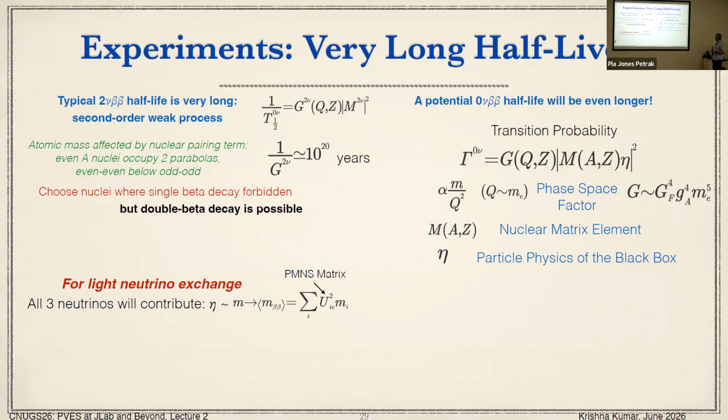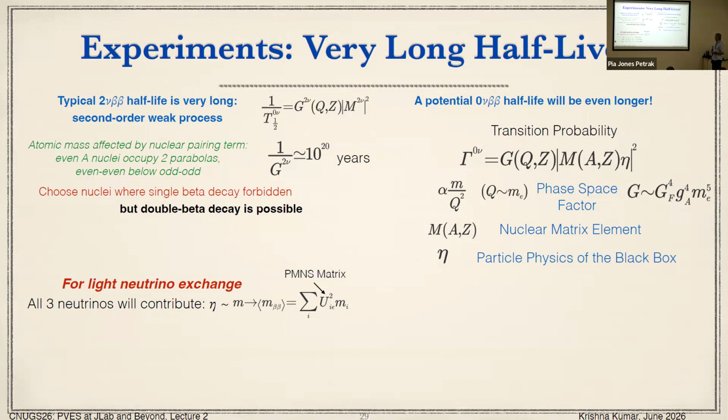For light neutrino exchange, this eta is connected to this so-called m beta beta, which is the first row of the PMNS matrix. So the other attractive feature is if you believe in the light neutrino mass exchange as the main mechanism for double beta decay, then you also measure neutrino mass.